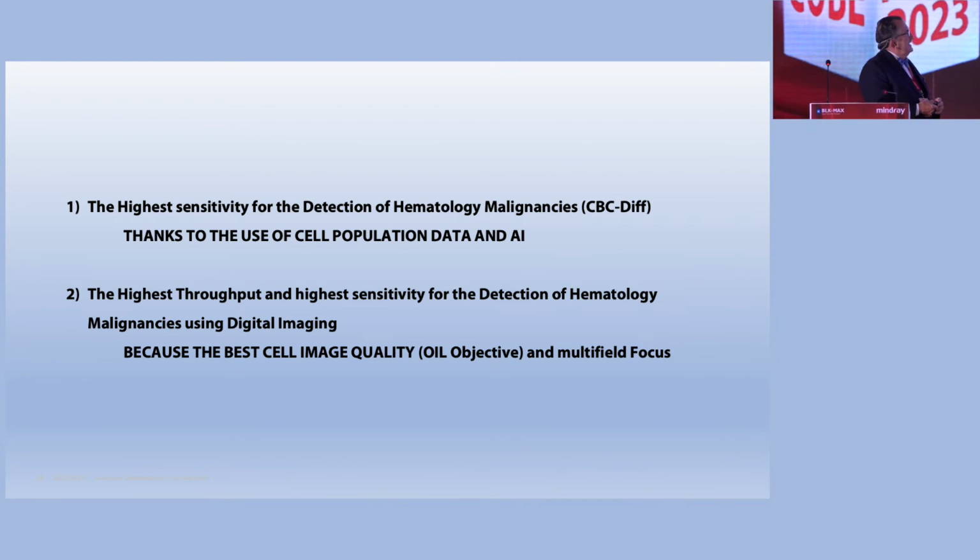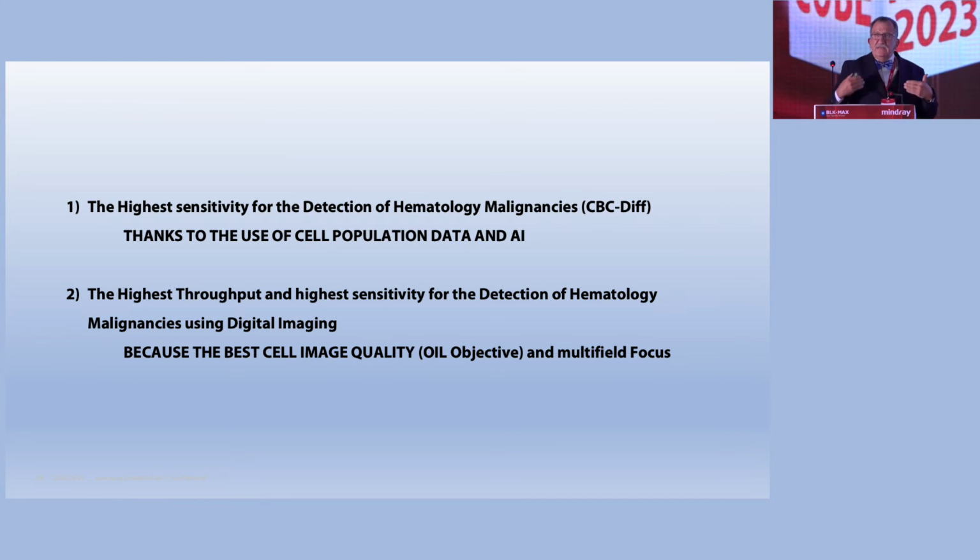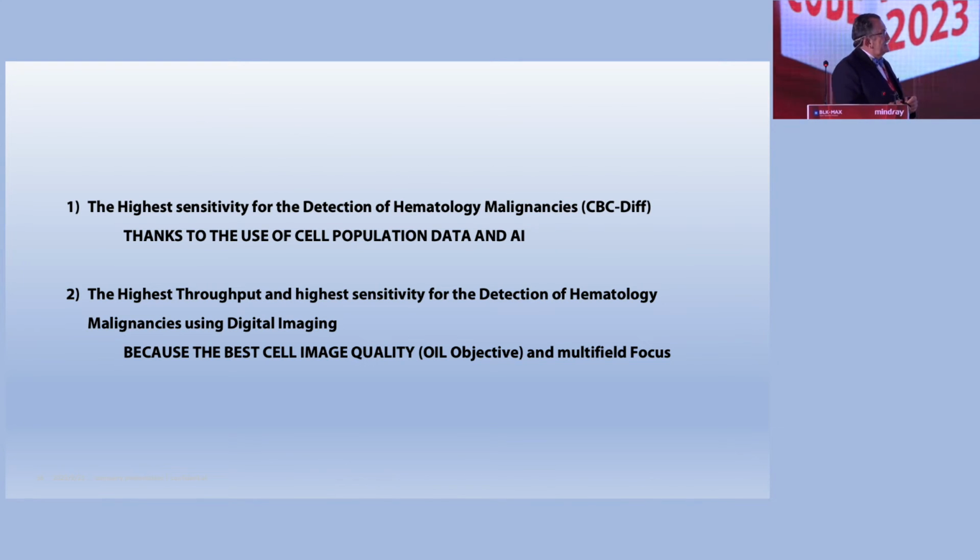In conclusion, the highest sensitivity for the detection of hematology malignancies thanks to the use of cell population data automatically, or we can create even more rules to even improve the detection. We can tailor the sensitivity we want in our lab. The highest throughput and highest sensitivity for the detection of hematology using digital imaging.